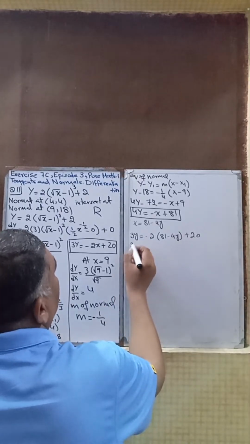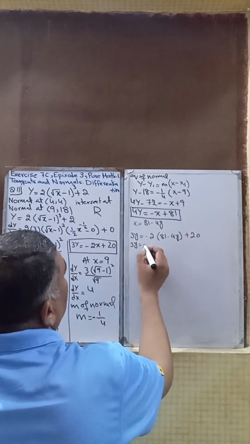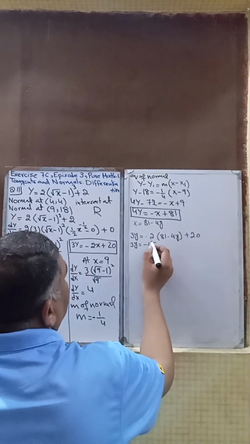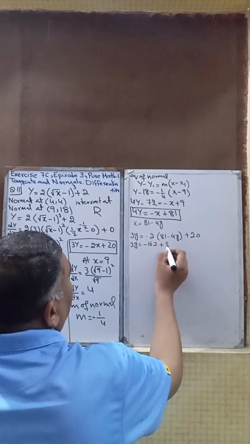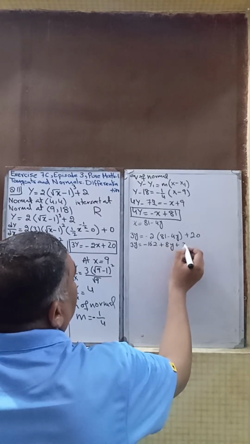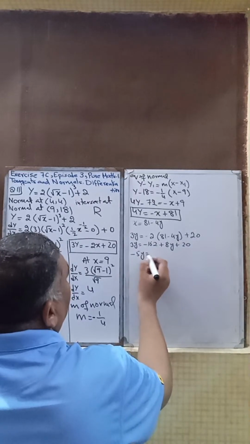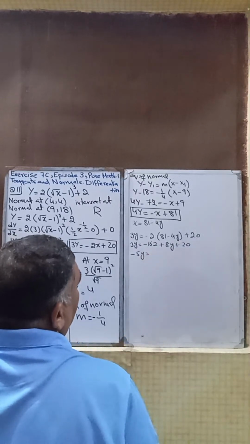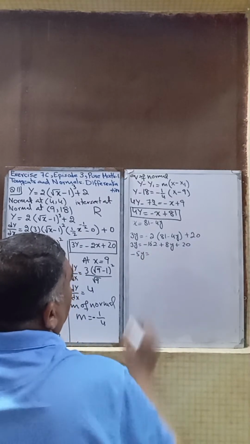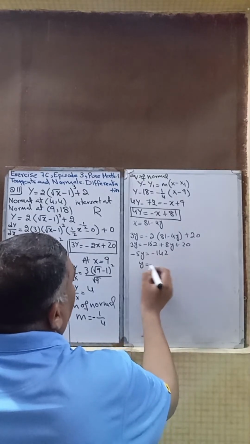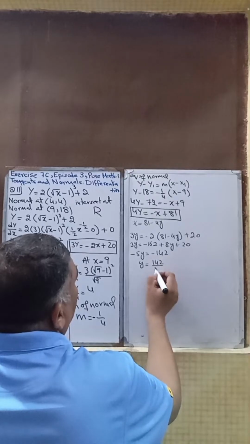So this will become 3y equals minus 162 plus 8y plus 20. This will come here, it will become minus 5y equals minus 142. Minus minus cancel, so y will be equal to 142 divided by 5.